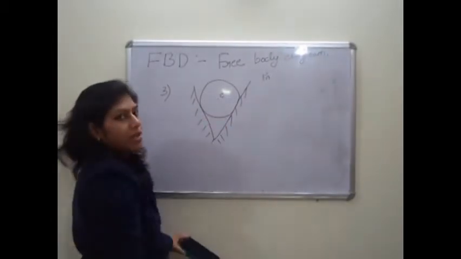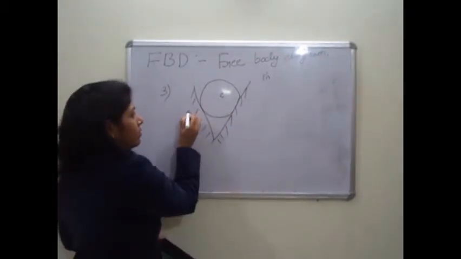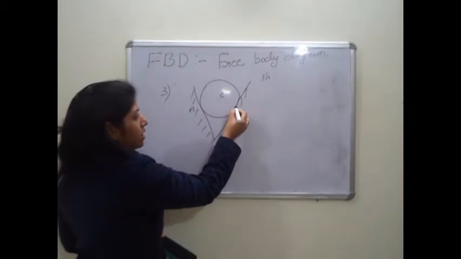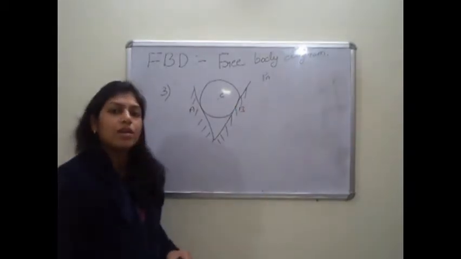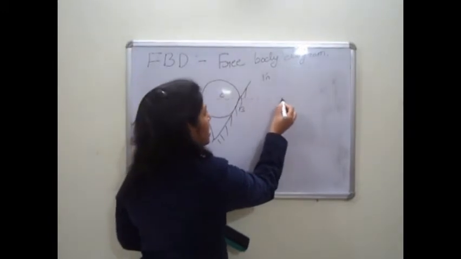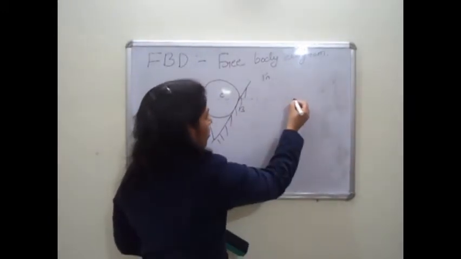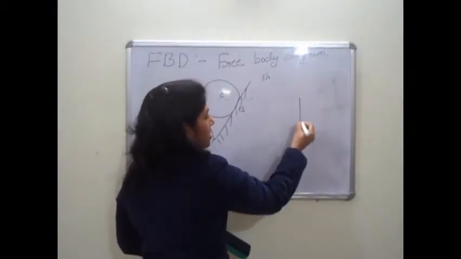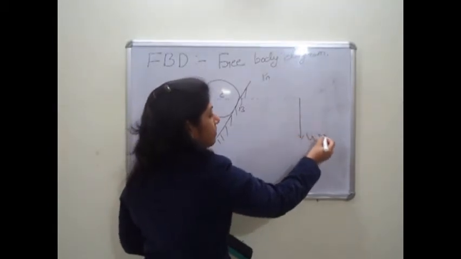I am considering point C as the center, one point of contact A and another point of contact B. The first force in a free body diagram will always be the self weight of the body.